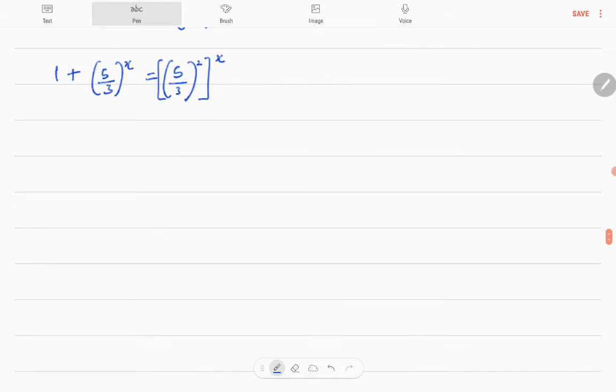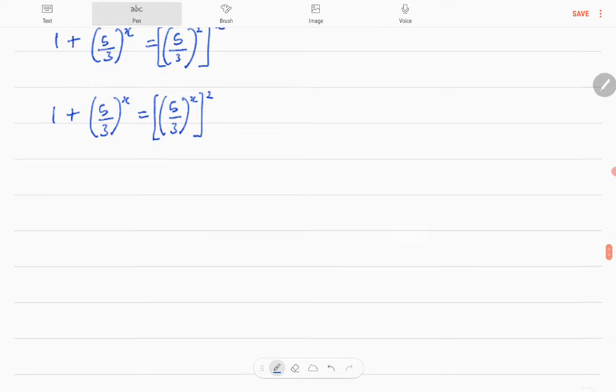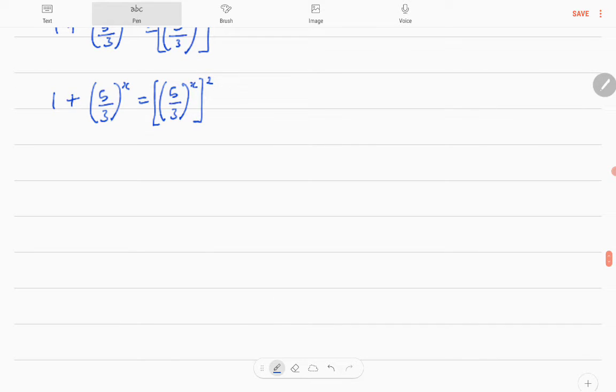So I can have 1 plus 5 divided by 3 to the power of x is equals to 5 divided by 3 to the power of x, all squared. So I can make, or let, y equals to 5 divided by 3 to the power of x.